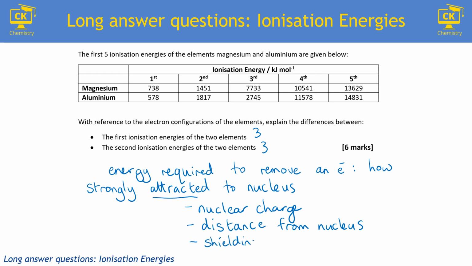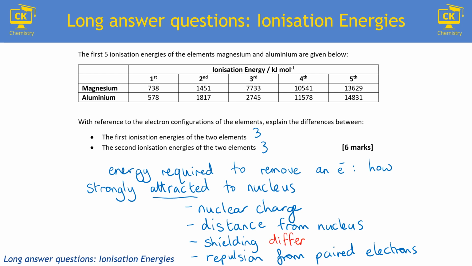Now, we'll talk about when we use shielding in a moment from inner shells, and also there might be something about repulsion from paired electrons. Now, shielding only comes up when we are talking about different shells.